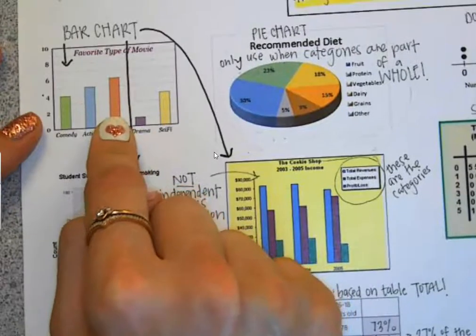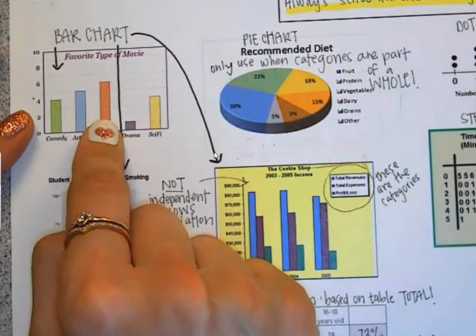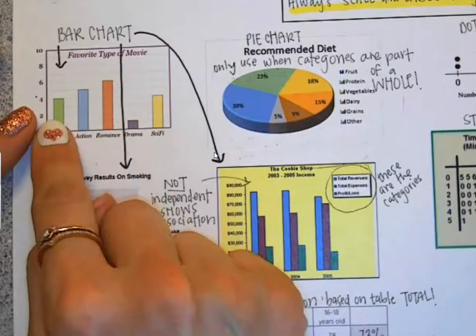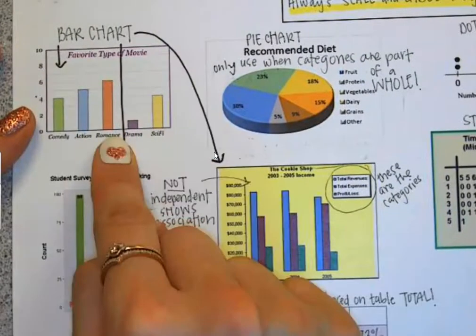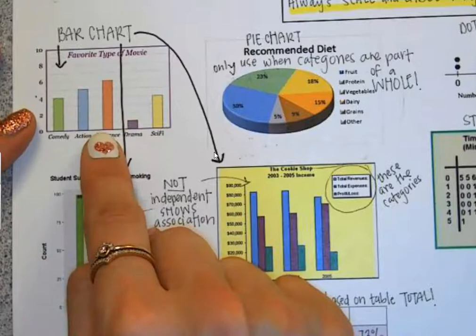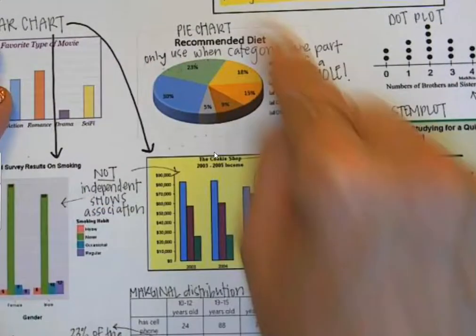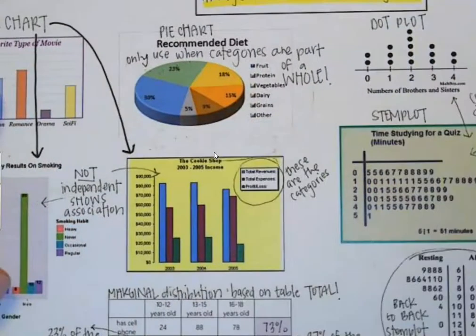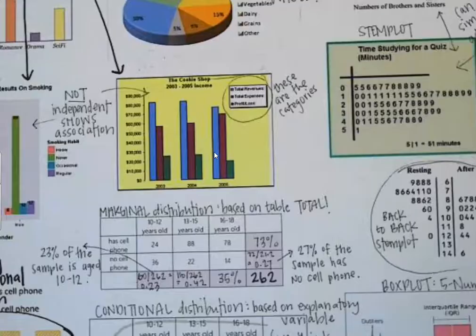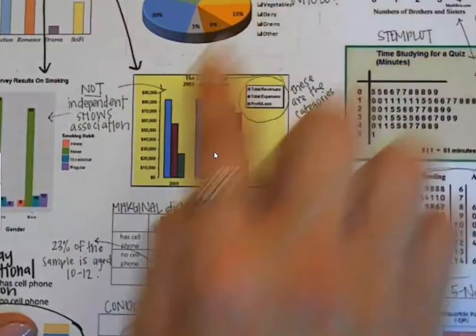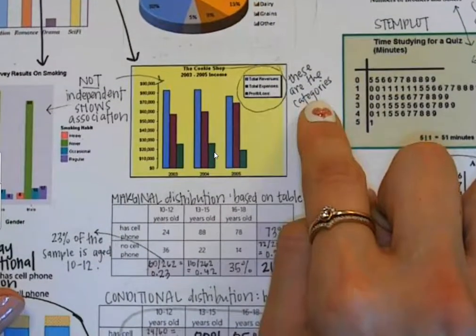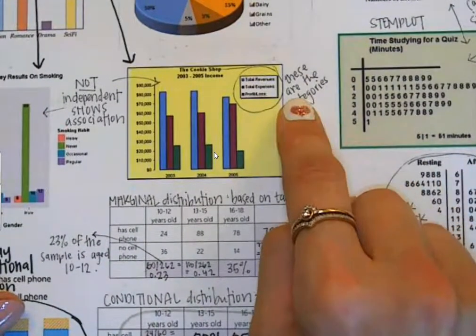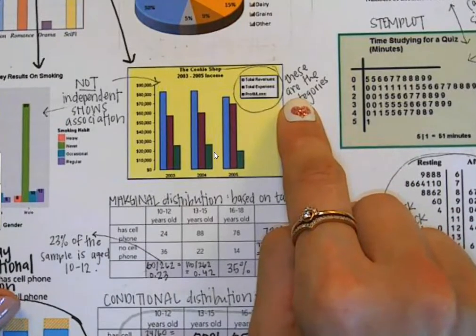Here, we're not looking at association because we're not comparing two groups. So this is just one set of people, what's their favorite type of movie. Here, this is your recommended diet, the different categories. In each one, I tried to identify what the categories are. So the categories here are the year. Just kidding.